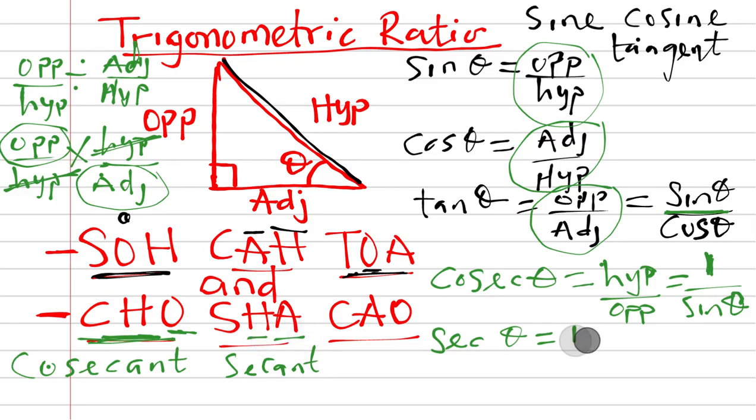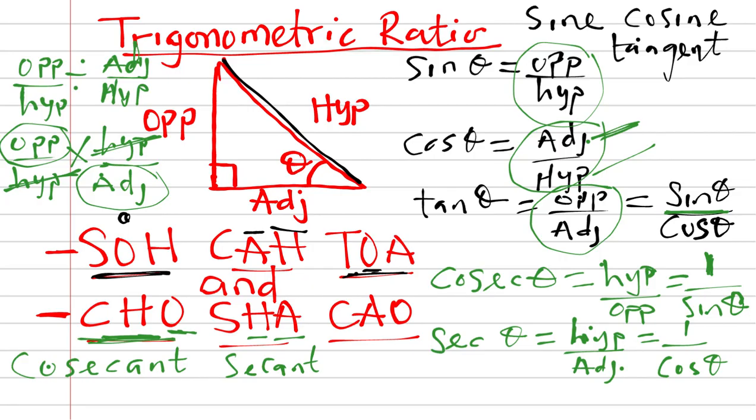And that's the same thing as 1 over cos theta. Before, cos theta was adjacent up and hypotenuse down, but now it is hypotenuse up, adjacent down. That is what we call inverse. Are you seeing that now?